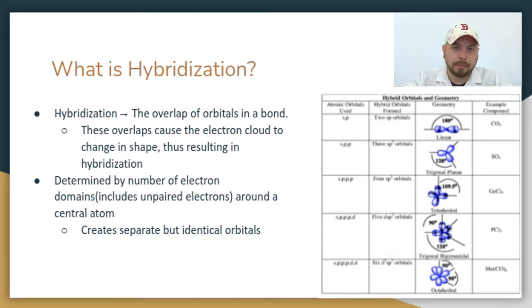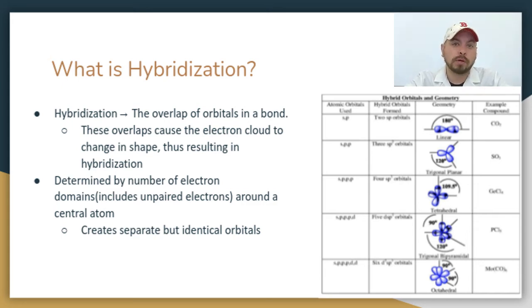For example, if we have two electron domains, we have sp hybridization, which means we have two separate but identical sp orbitals which form. If we have three electron domains, then we have sp2 hybridization, which means we have three identical sp2 hybrid orbitals.